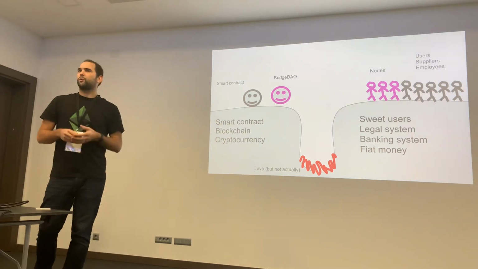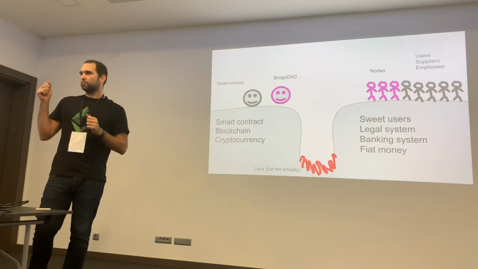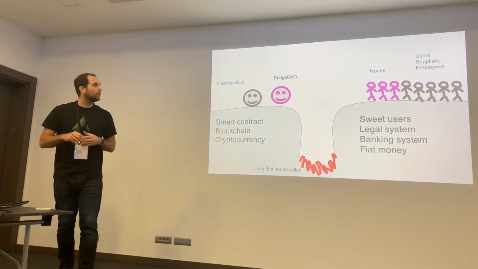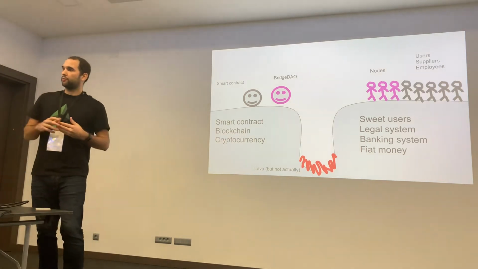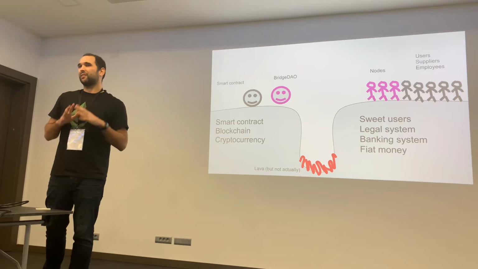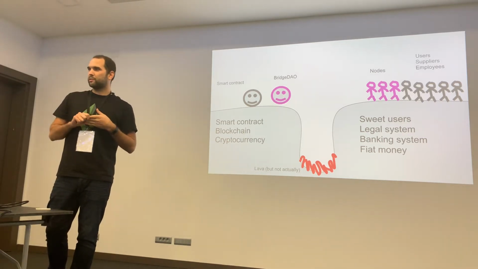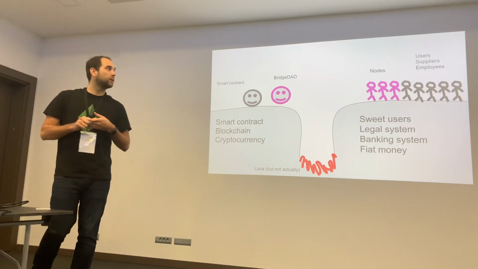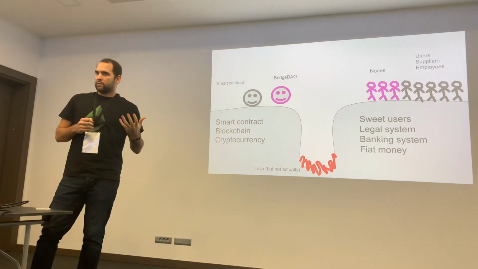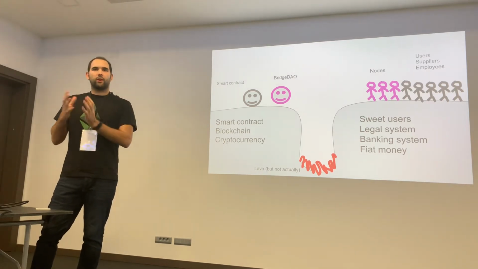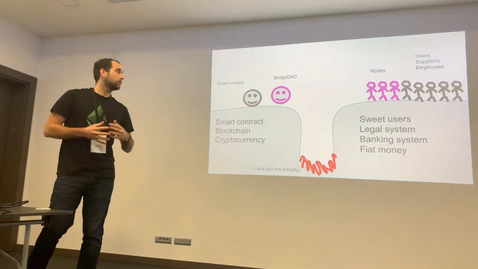Your users would probably prefer to pay with fiat, not need to have or buy cryptocurrency. Your suppliers would preferably want to get paid in fiat. So if you're paying an electricity bill, I really don't think anybody pays electricity bills in cryptocurrency here. Is anybody? No. And employees: many companies or smart contracts have developers who, again, sometimes would prefer to get paid in fiat.